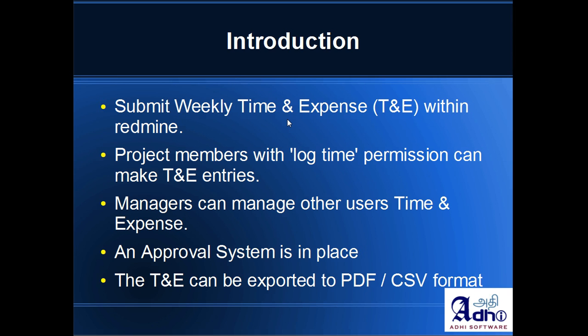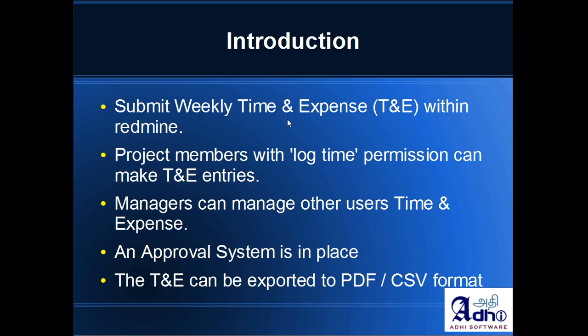And some of the permissions you need to enter time: there's a log time permission you need for entering time. There's also the edit own time permission you need to edit your time submissions. And managers who generally will have the edit log time permission can submit or manage team members' time and expense sheets.